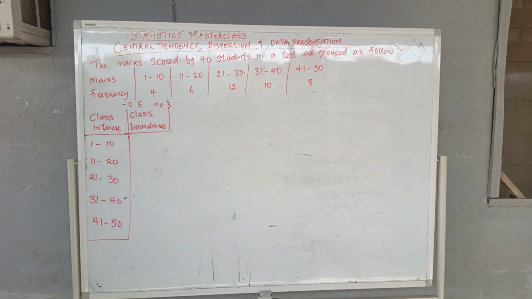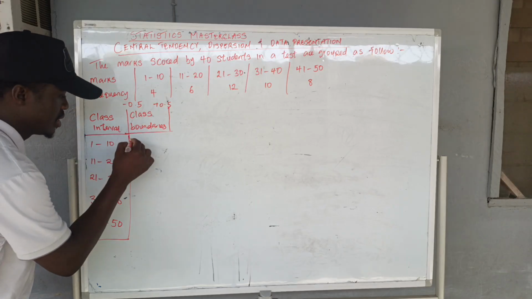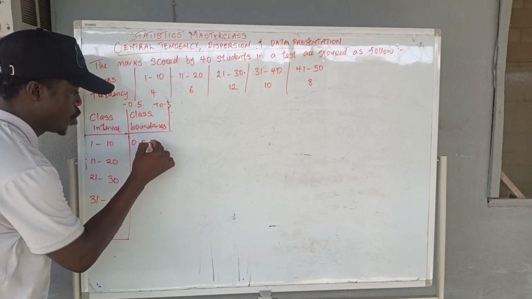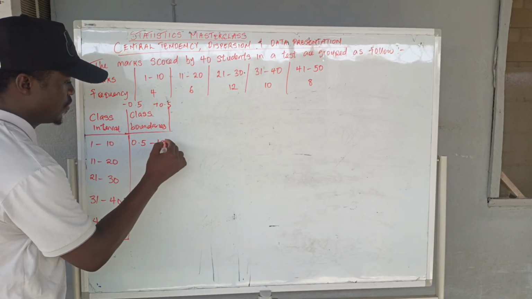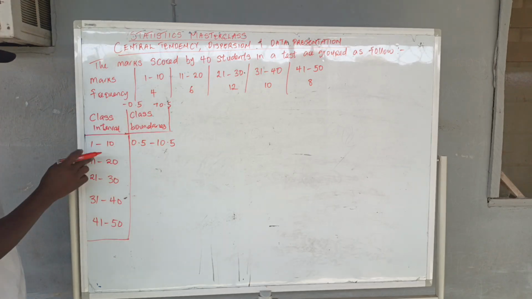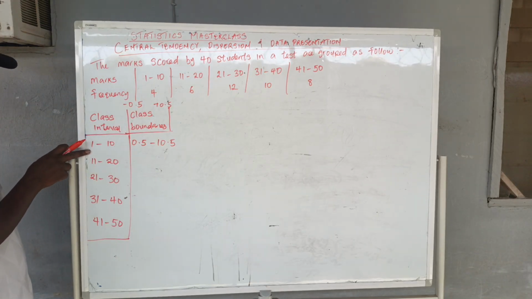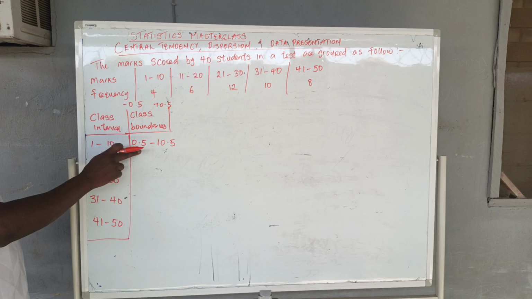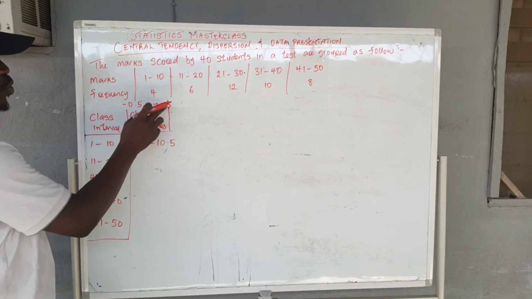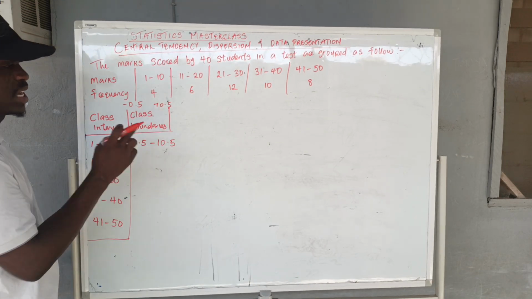That's how we get our class boundary. So this gives us 0.5 up until 10.5, because when you take away 0.5 from the lower limit 1, it gives you a remainder of 0.5, and when you add 0.5 to 10, this gives you 10.5.